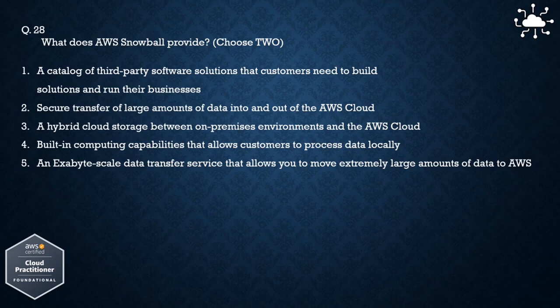Built-in computing capabilities that allows customers to process data locally. 5. An exabyte scale data transfer service that allows you to move extremely large amounts of data to AWS. The correct answers are secure transfer of large amounts of data into and out of the AWS cloud, and built-in computing capabilities that allows customers to process data locally.